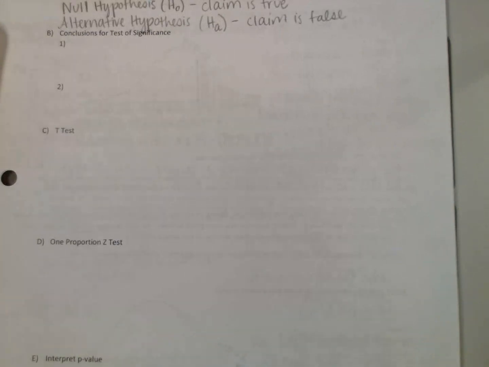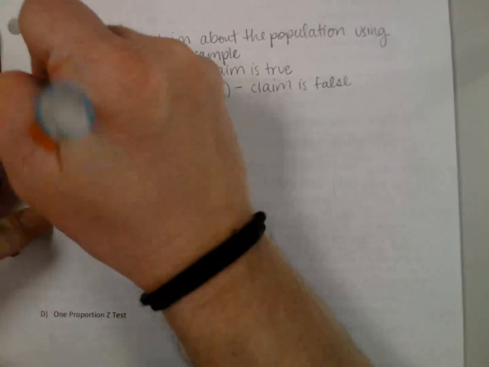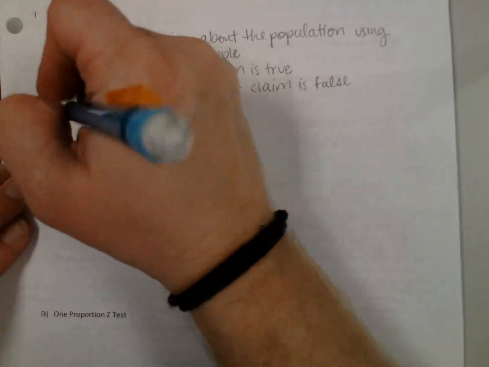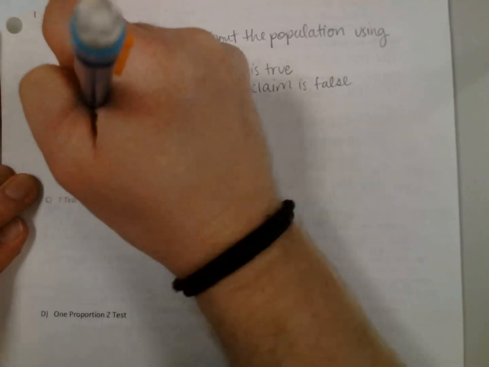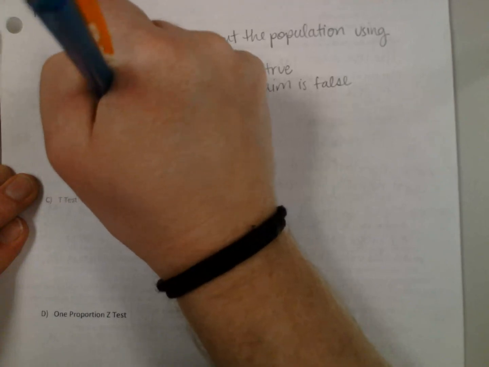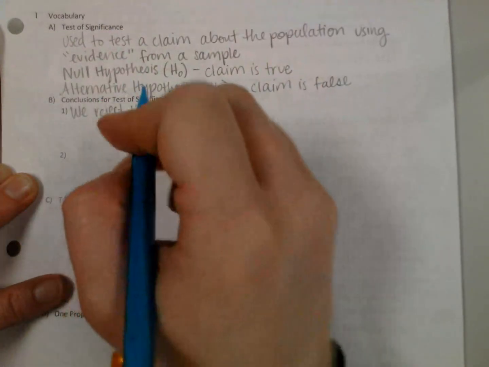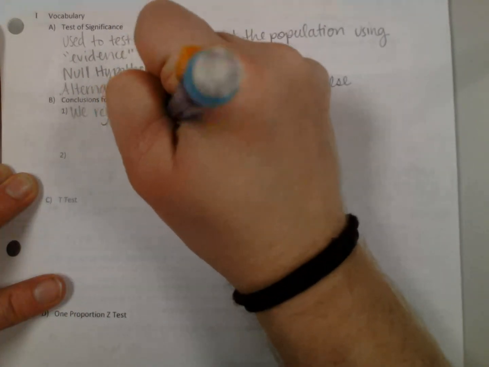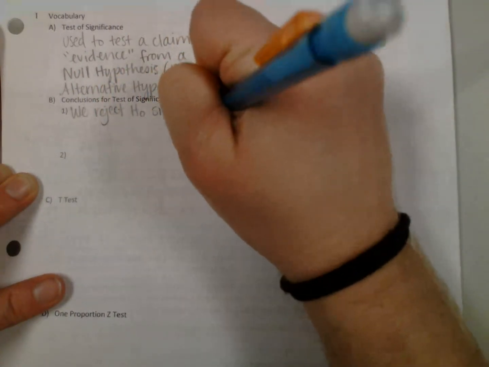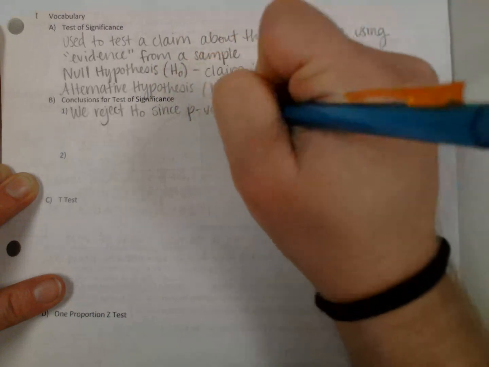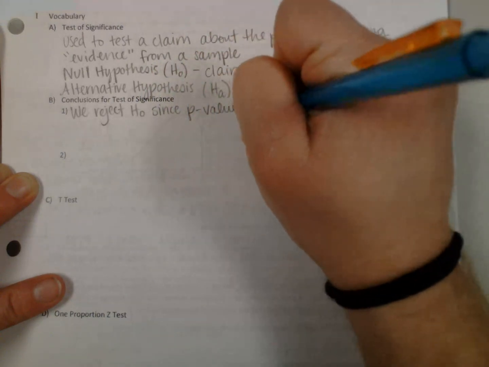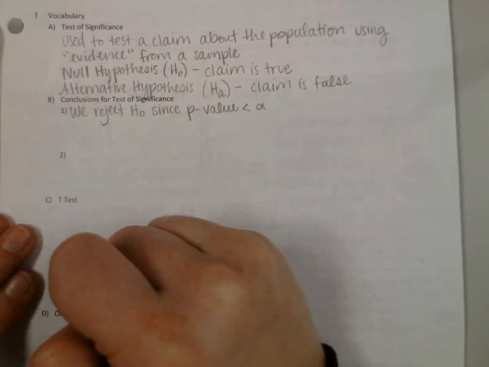So back on the front of the outline, let's write our conclusions for our test of significance. There's two options. Your first option is finding the defendant guilty, which would be us saying that we reject the null hypothesis, and we would be able to reject the null hypothesis since our p-value was very, very small, meaning smaller than our level of significance.